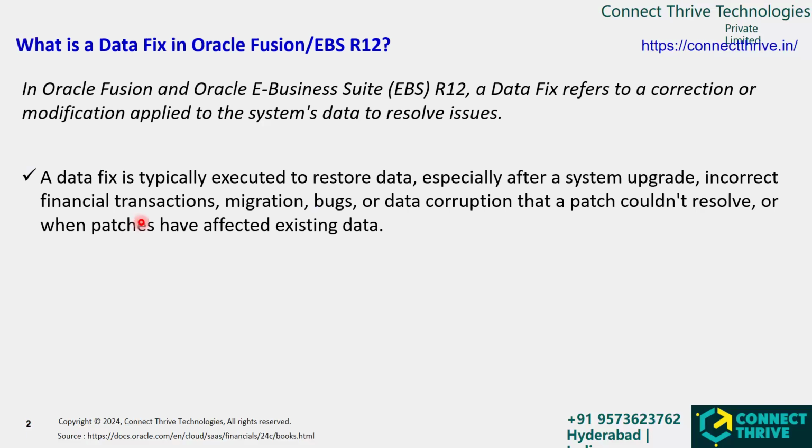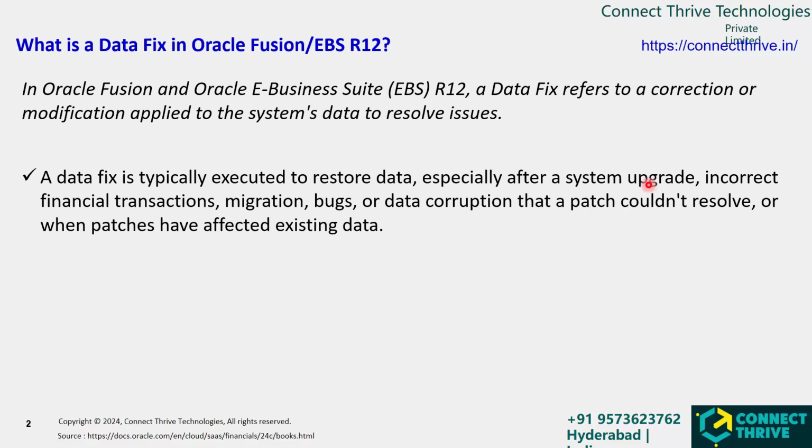So we can use it especially after a system upgrade, incorrect financial transactions, migration bugs, or data correction that the patch couldn't resolve, or when the patch has affected the existing data. There are multiple reasons. Once the system is upgraded, like 23D, 24A, 24B, 24D, there are quarterly updates every time.